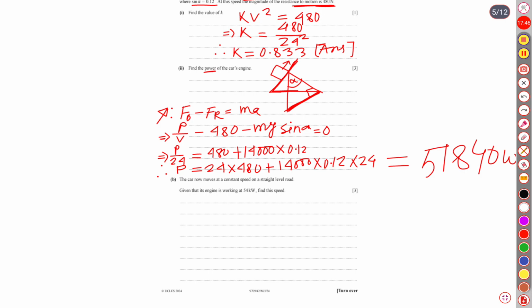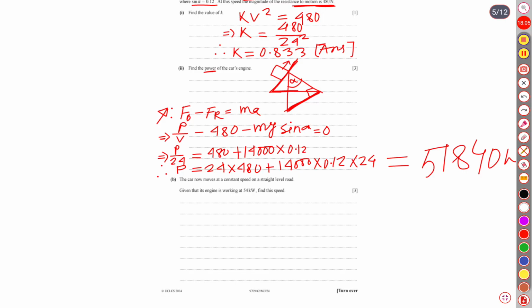This is the answer. We may leave this in watt units, because the SI unit of power is the watt. So this is how we can solve the second part of question number A.